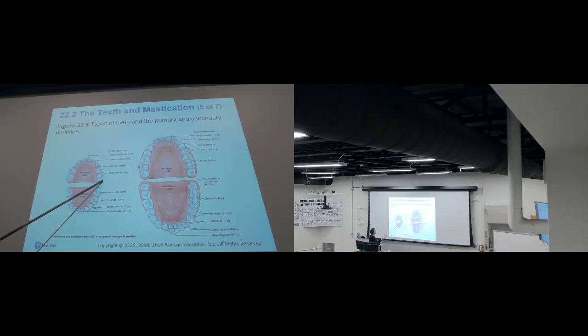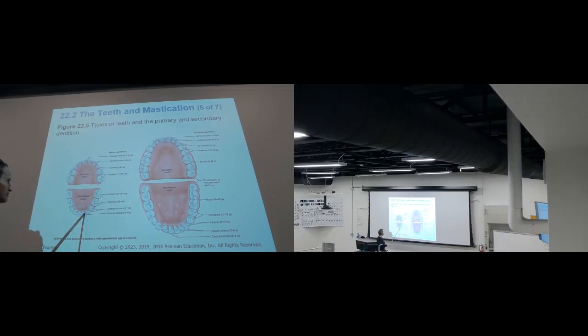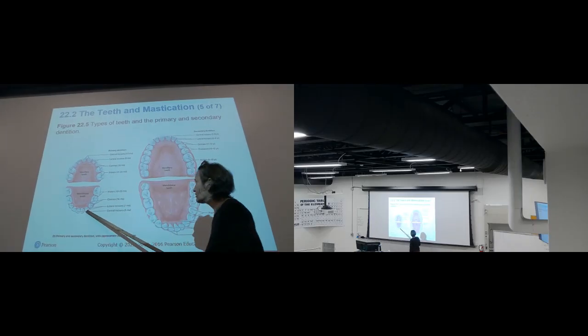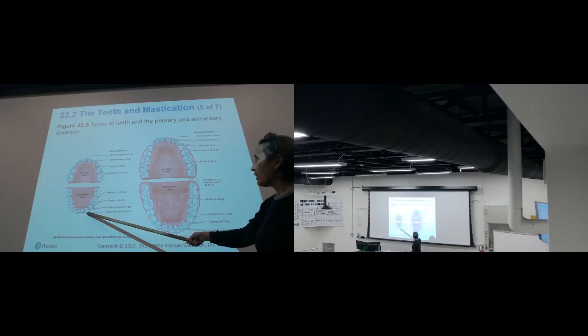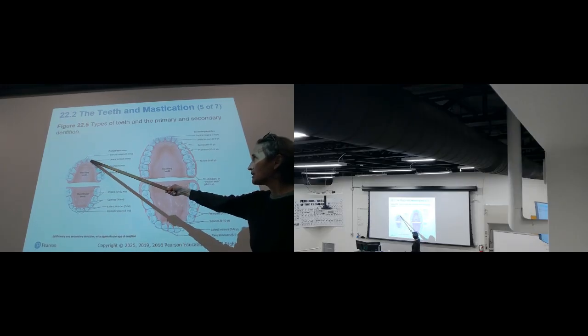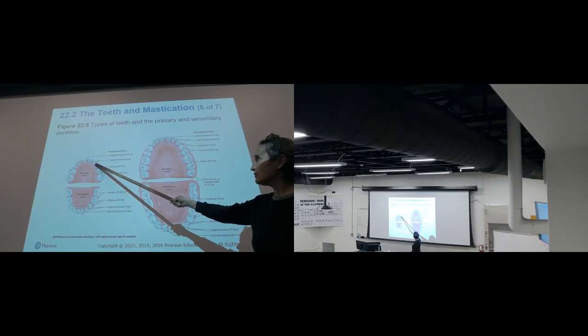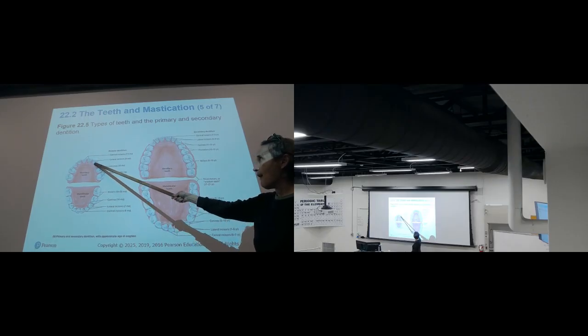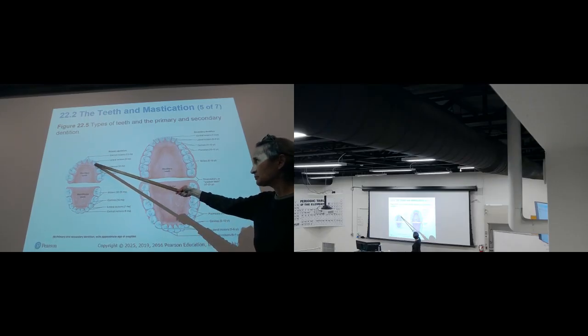So here are the different types of teeth. Here are the primary dentition, the maxillary and the mandibular teeth. So central incisors, the lower, erupt at age 6 months. Then the lateral incisors, 7 months. And then you have the upper central incisors around 8 months. Then the lateral upper incisors like 9 months.